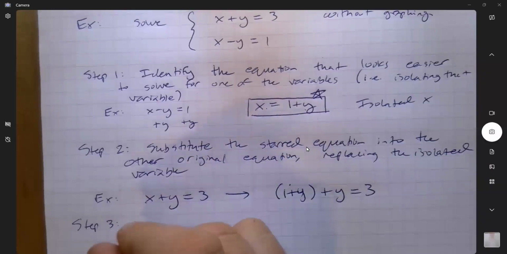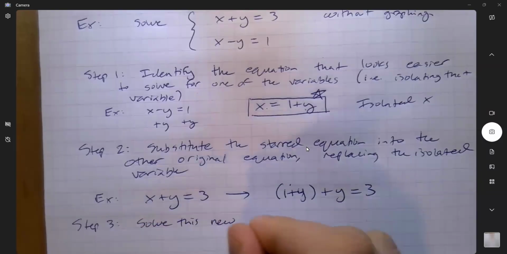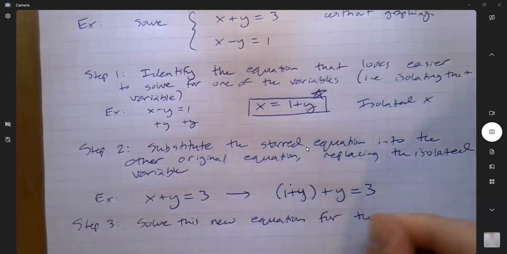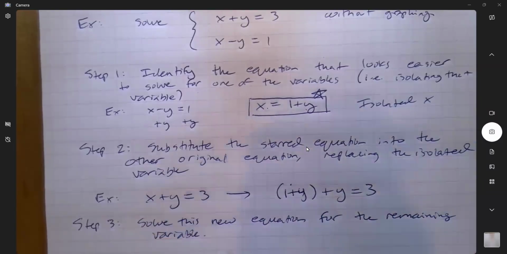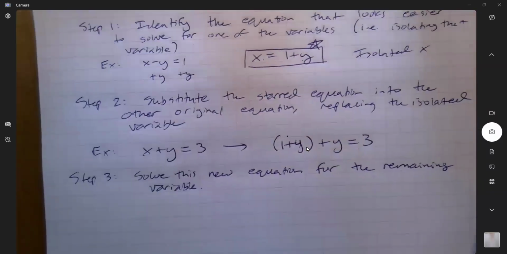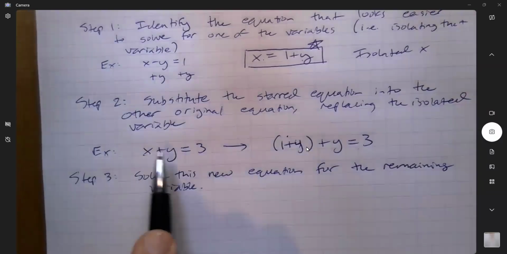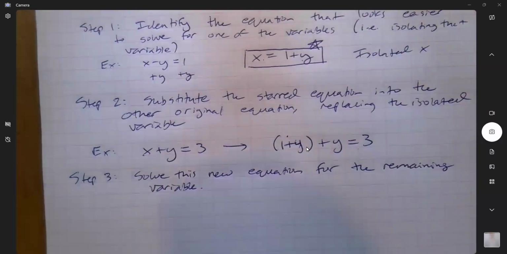And now step 3 is solve this new equation for the remaining variable. And when I say this, I hope that you notice this new equation only has a single variable, which means I can solve it. By substituting, I have gotten rid of the two variable equation and I have turned it into a single variable equation.